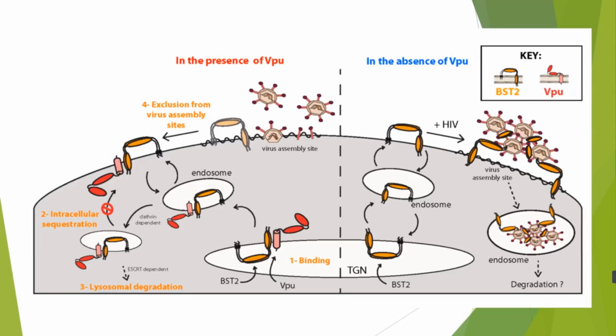So obviously, this would be a major area for us to target. If we can target VPU, if we can target NEF, plus reverse transcriptase enzymes and other areas that are important in terms of viral survival, we can actually deal with this virus very, very effectively. The problem is getting us to design those proteins in order to combat them. That's the challenge.